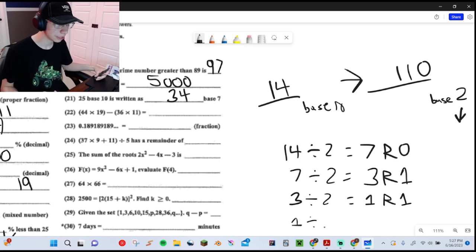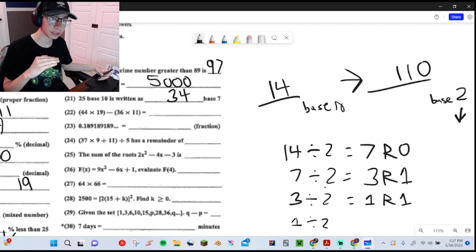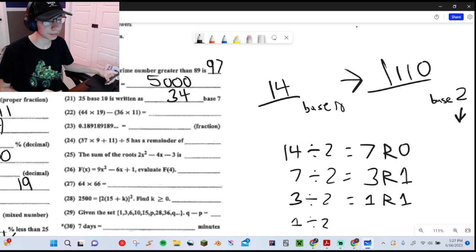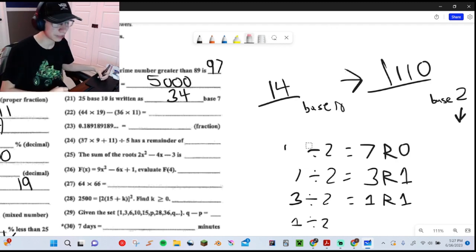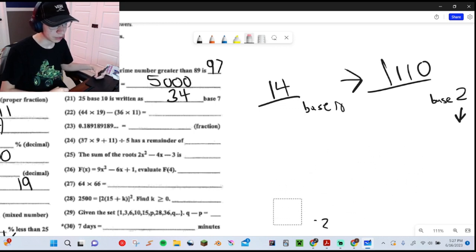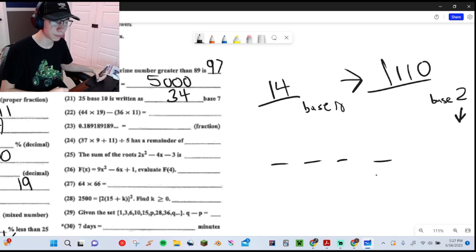So 1 divided by 2, 2 doesn't go into 1. So the process stops, and I write down what I've got, which is 1. So 14 base 10 is 1110 in base 2. And we can fact check that by using the definition of a base, right? So you have 4 place values.